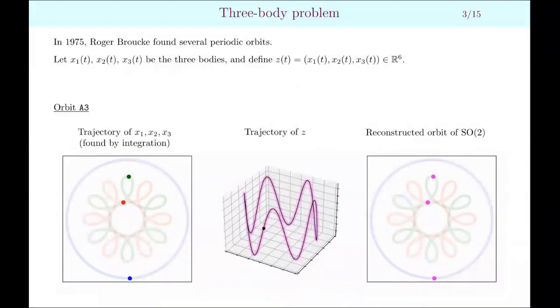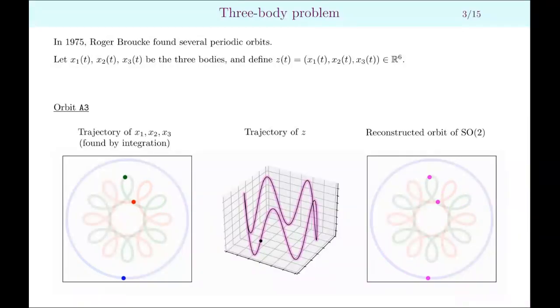I take 3 planets of equal masses in the plane, and I let them interact under the mutual gravitational force. It's a very famous problem. What you expect in general of this system is that it is chaotic, but in very specific configurations the planets will follow periodic orbits. This one is called A3.